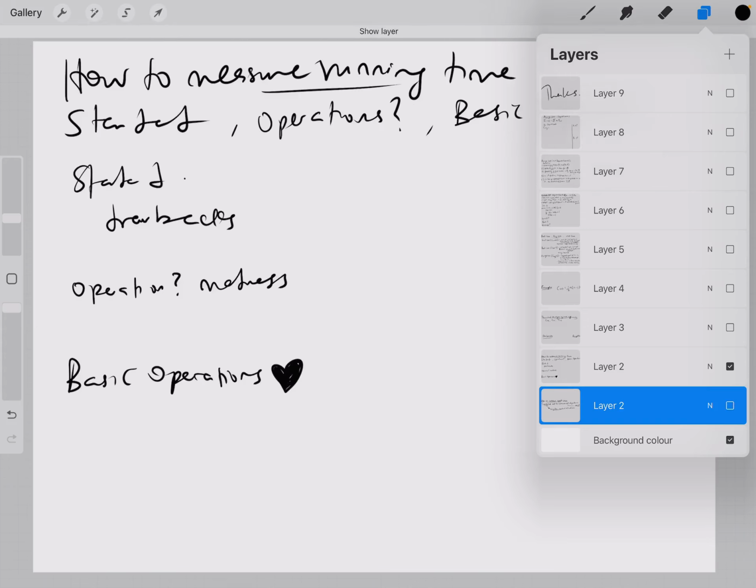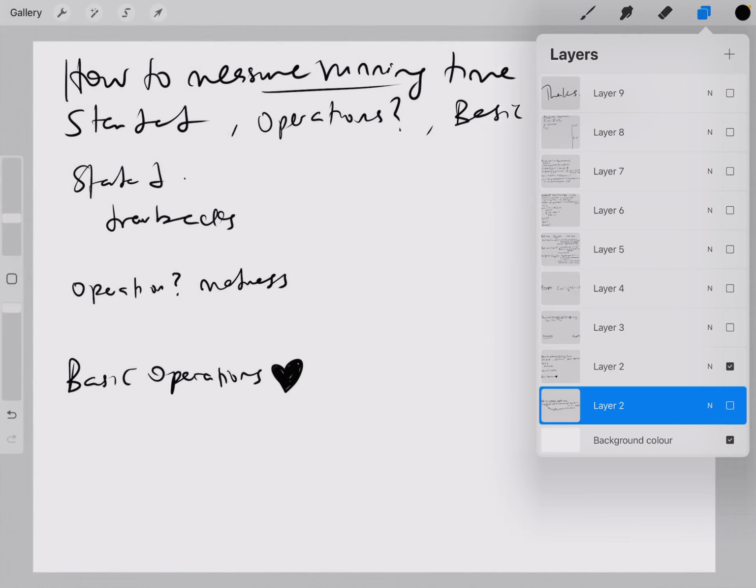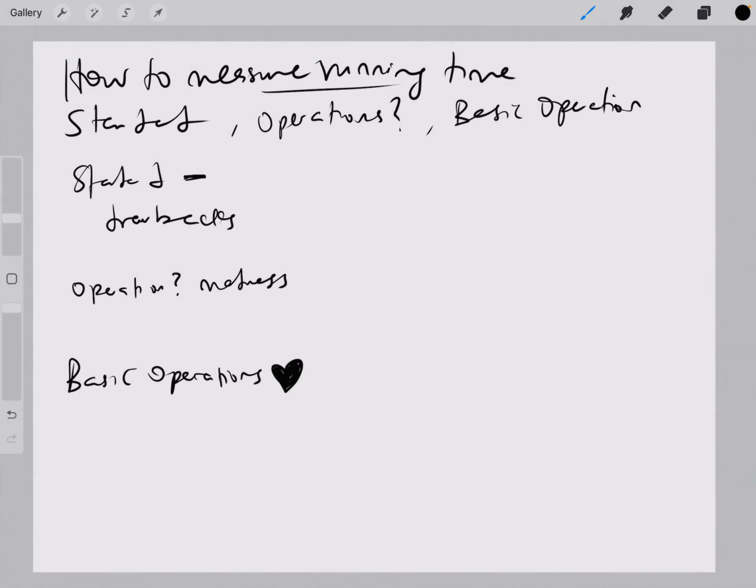how do we now measure the running time of an algorithm? Usually we can say we want to deal with it in seconds, right? We can say, okay, since it's running time, why don't we just use standard units of measurement, which are seconds, milliseconds, and so on.